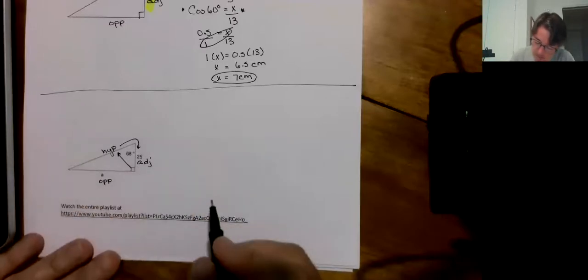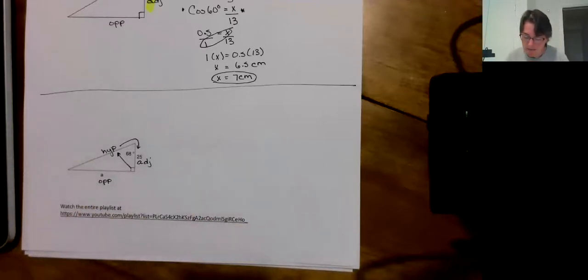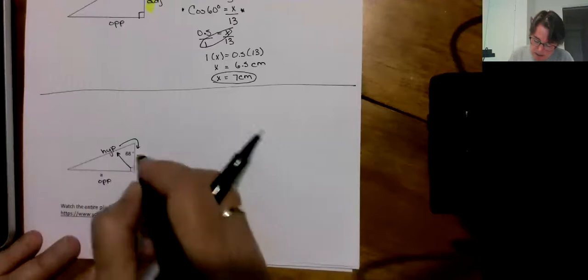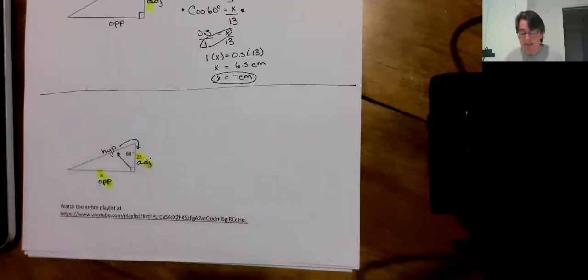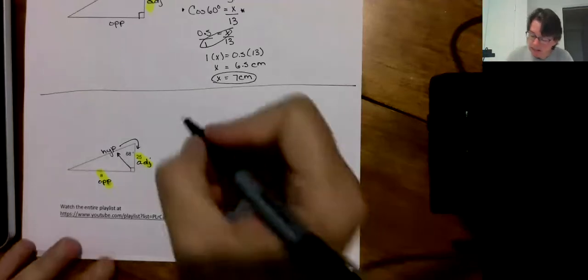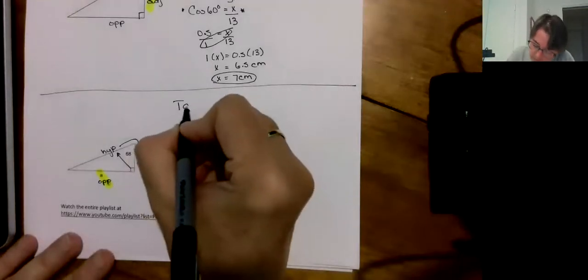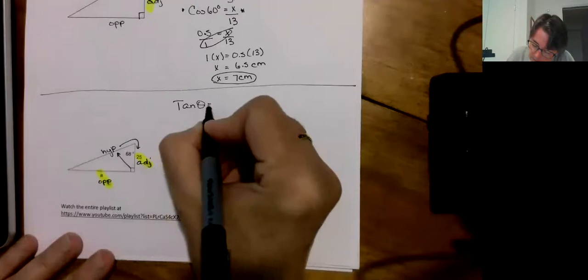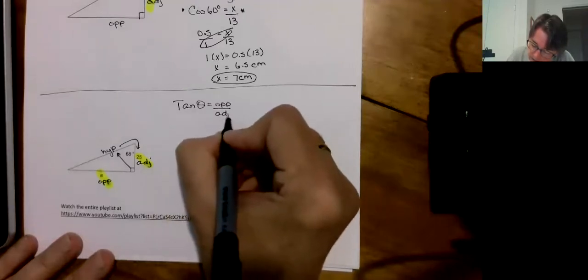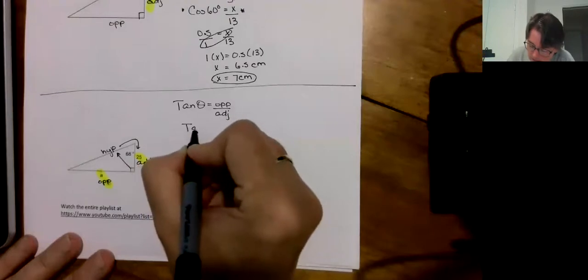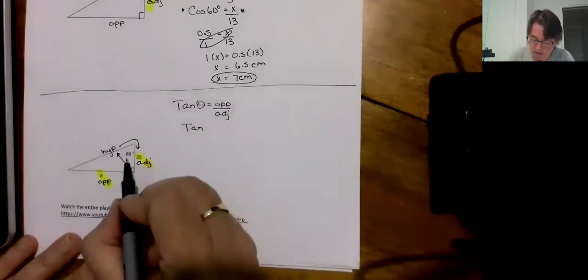And this is opposite. So I know my adjacent, I'm looking for my opposite. Adjacent and opposite is going to be tangent. So tan theta is opposite over adjacent. Do we know our angle? Yeah, we know our angle, 68.